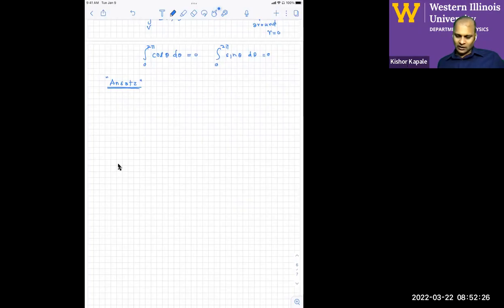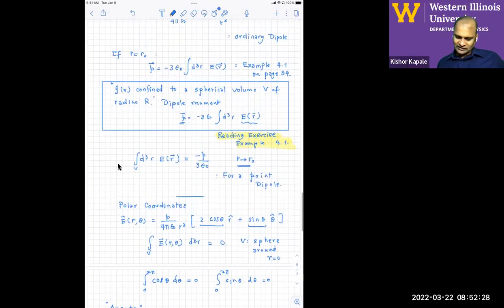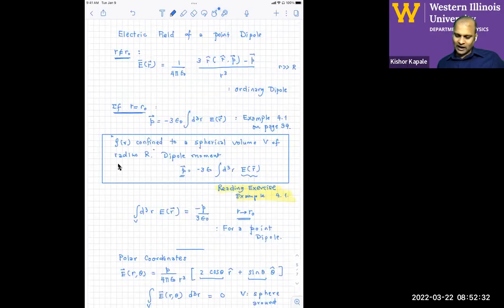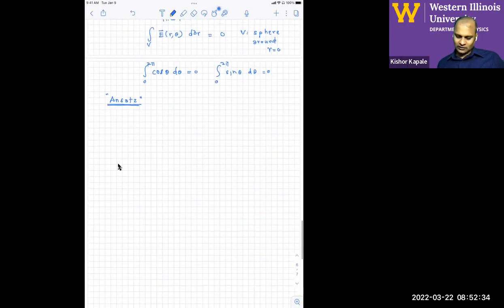Okay, so remember, we separated these two regions. What I'm doing now is combining them, right? So this is now the electric field at all points in space.